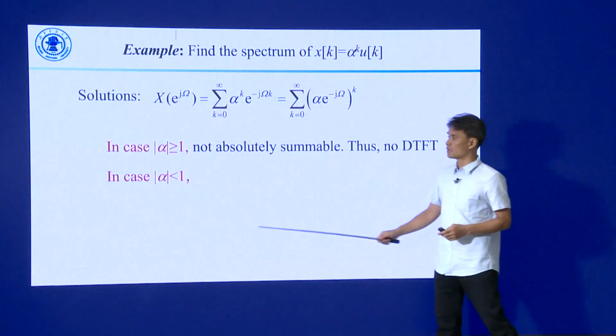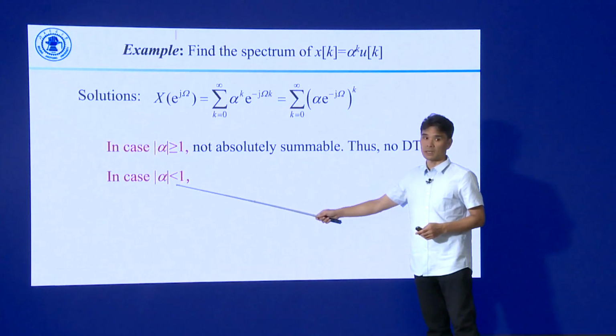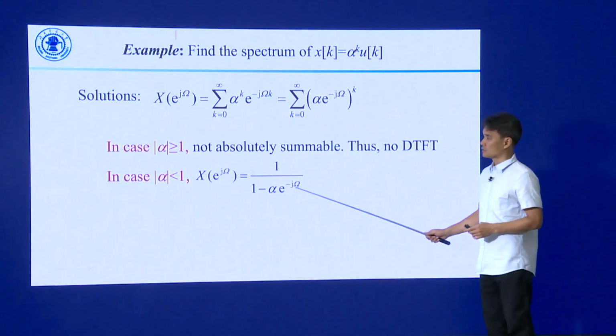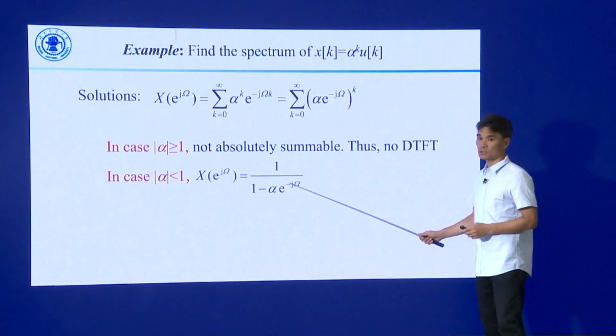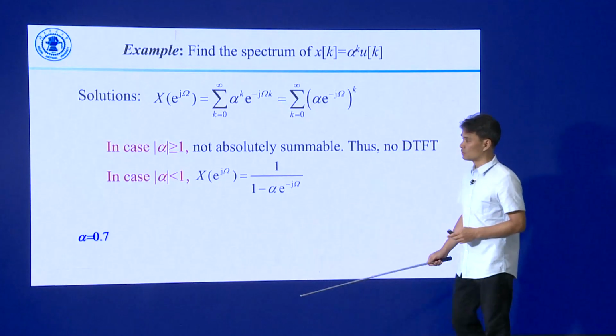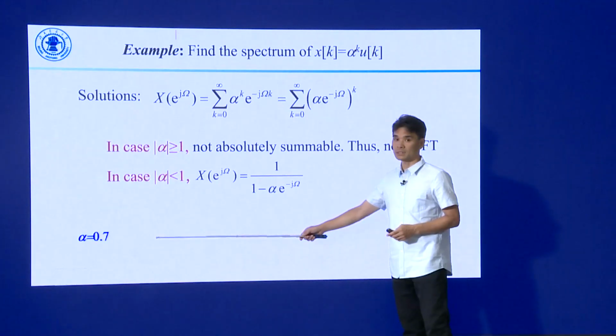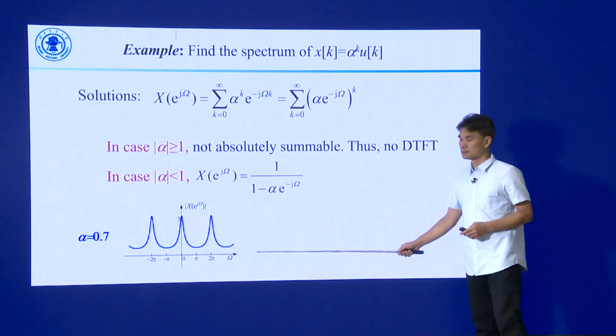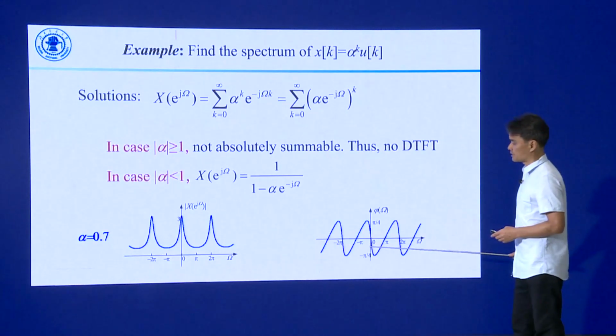And in case alpha is between -1 and +1, the value can be calculated as this equation. For example, when alpha equals 0.7, here is the amplitude spectrum, and this is the phase spectrum.